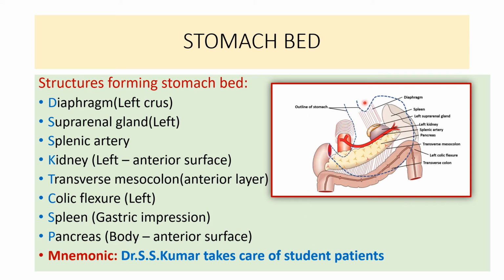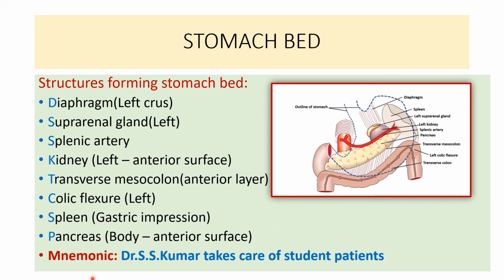They are the left crus of diaphragm, the left suprarenal gland, the splenic artery, the anterior surface of the left kidney, the anterior layer of the transverse mesocolon, the left colic flexure, the gastric impression of the spleen, and the anterior surface of the body of the pancreas. These are the structures related to the stomach bed.